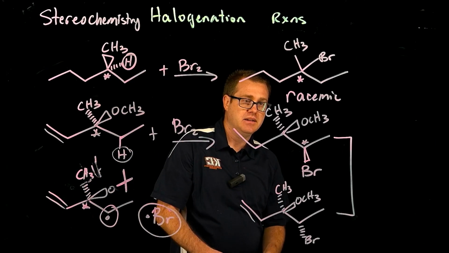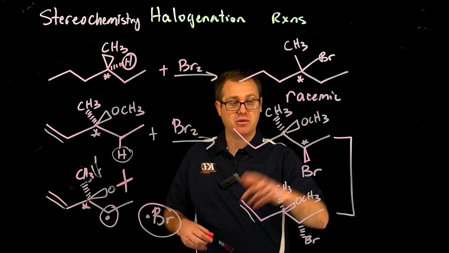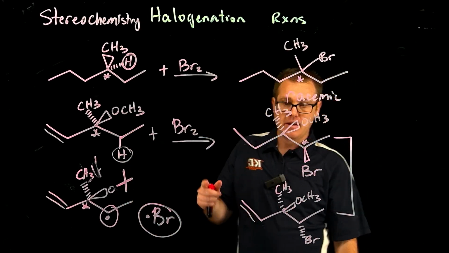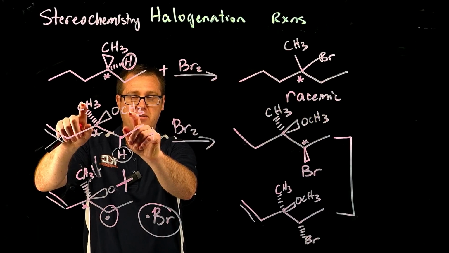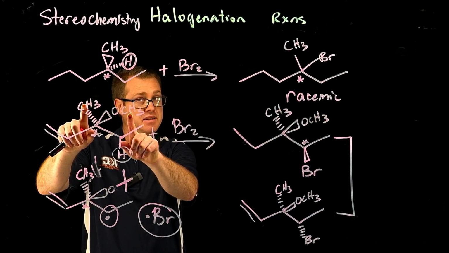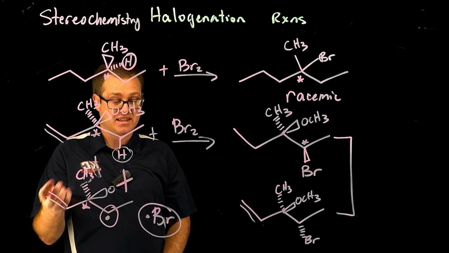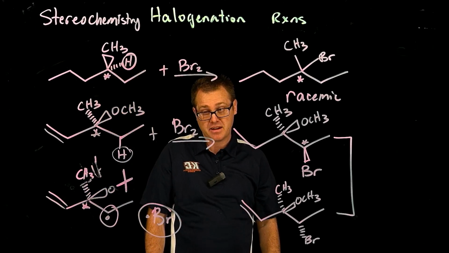to attack. So when you do this reaction, can you predict which one's going to be the most prominent? Not in this example right here, because the bulkiness of these groups is very, very similar. But when you have something drastically different, there's a good chance that we could predict it.